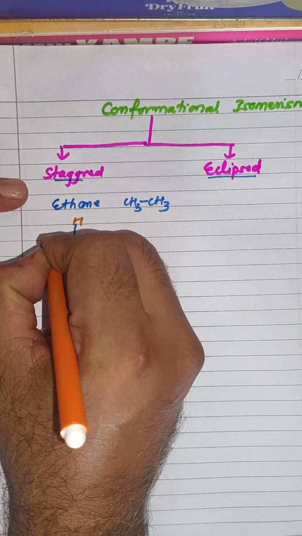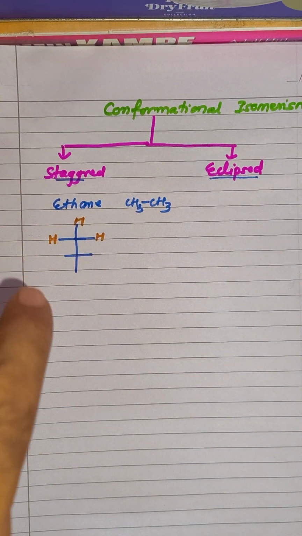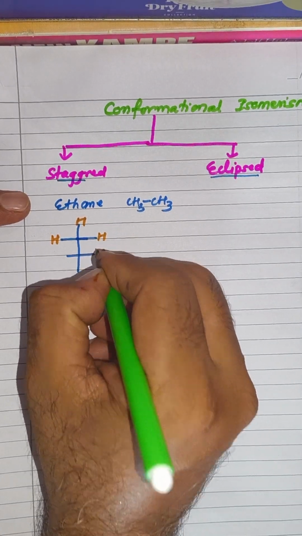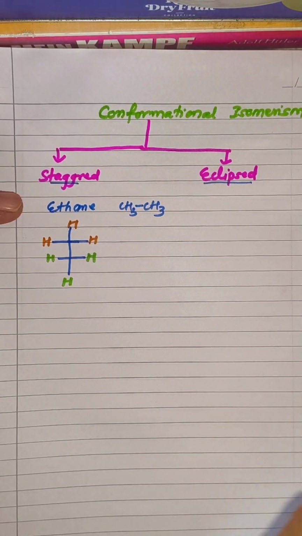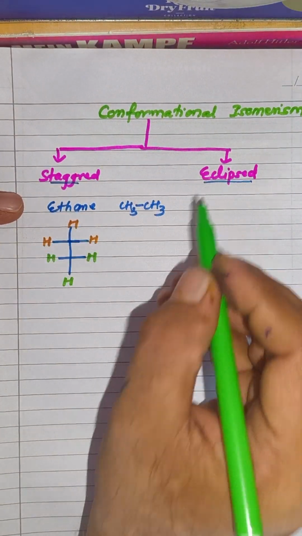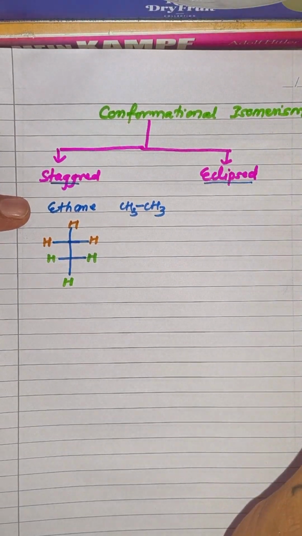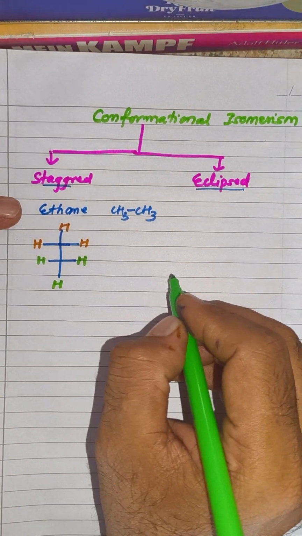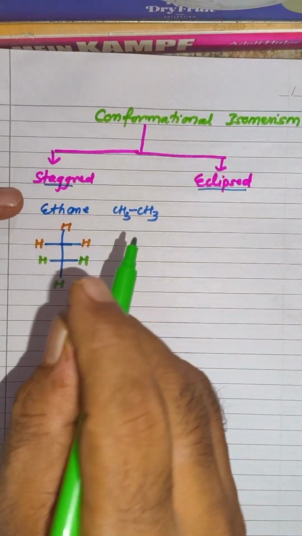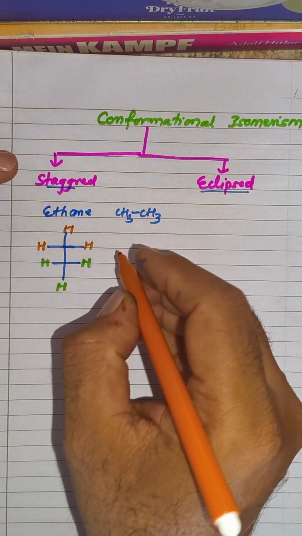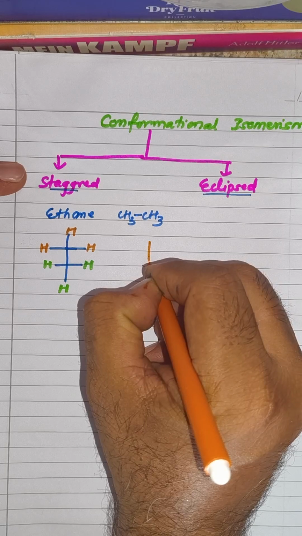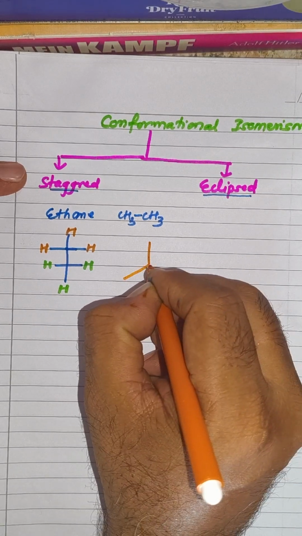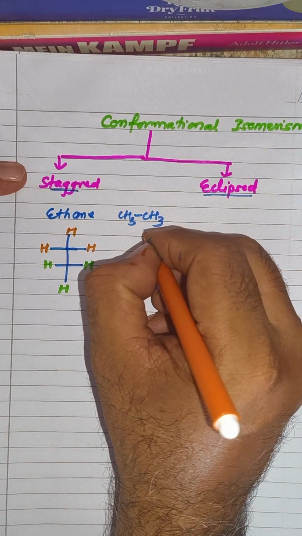This is the Fisher projection structure of ethane. Here we cannot see the staggered and eclipsed conformations, so for that we have to write the Newman projection. We can discuss the Newman idea in detail in another lecture, but here I can write the structure according to Newman.